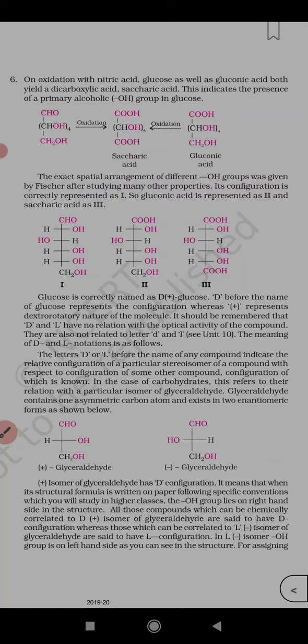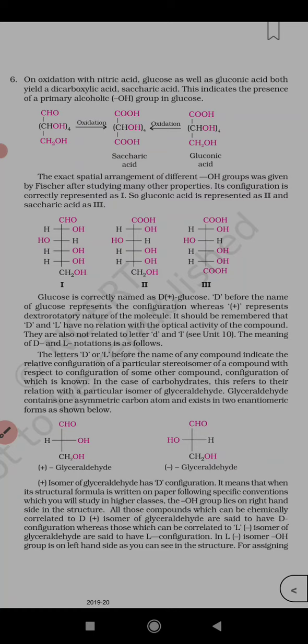It means that when its structural formula is written on paper following specific conventions, which you will study in higher classes, the OH group lies on the right hand side of the structure.